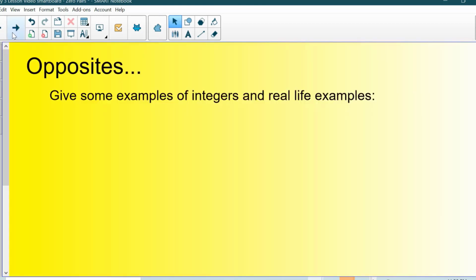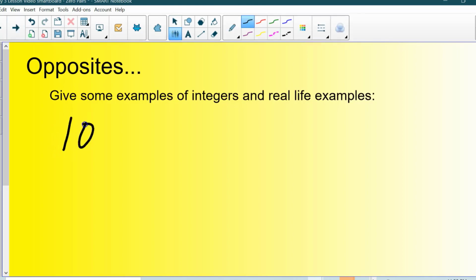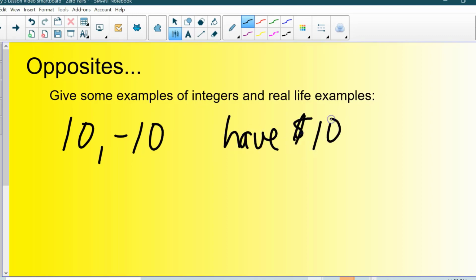So what are opposites? You're going to write some on your own notes, but examples of opposites could be positive 10 and negative 10, right? Like if I have $10, and then the opposite of that would be what? I lost $10. That would be the opposite.